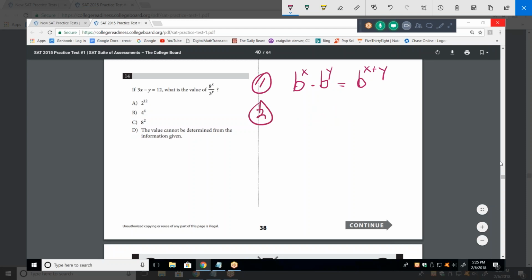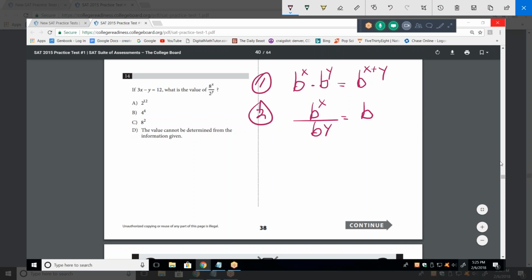Rule number 2. B to the x divided by b to the y is equal to what? B to the xy? Nope. You never do the same thing to the exponents that's being done to the base. In the first one, I was multiplying the bases, so I'm never multiplying the exponents, I'm adding them.